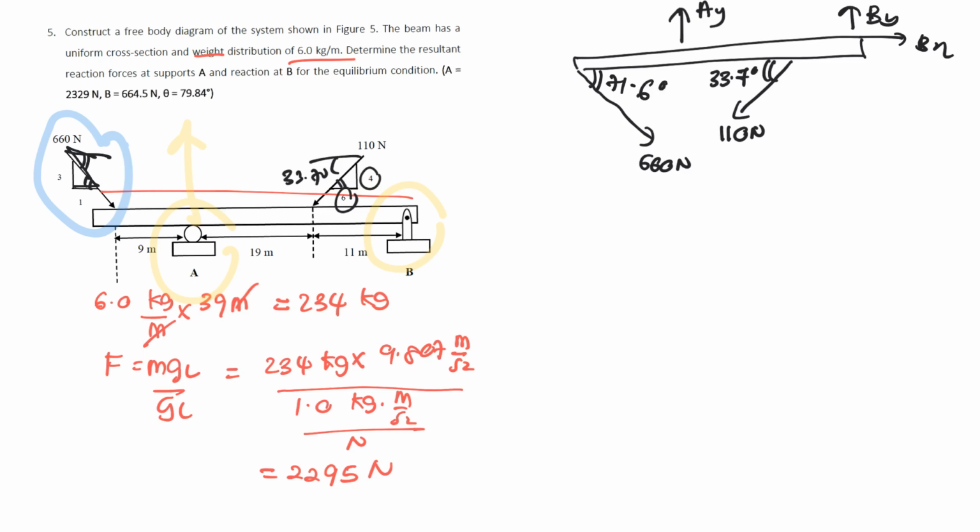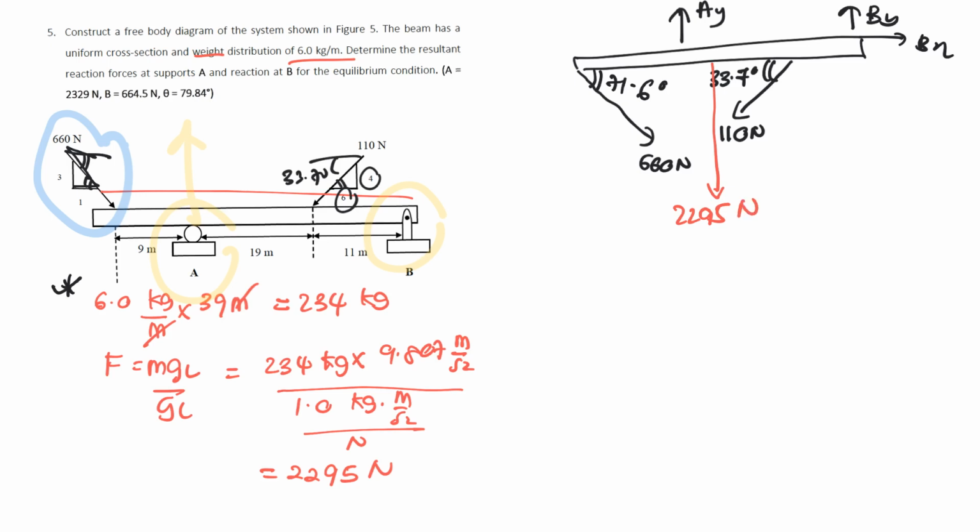Okay, you are not done yet because you have the mass distribution of the beam. So where is it always at? At the center. Make sure you draw it correctly. You need to put it up there. So this is 2295 Newton, the weight at the center of the beam, which is always at the center.